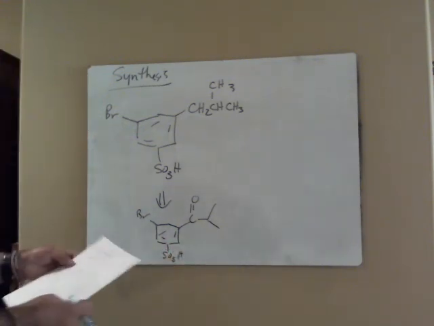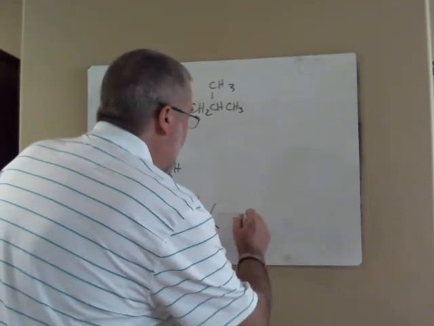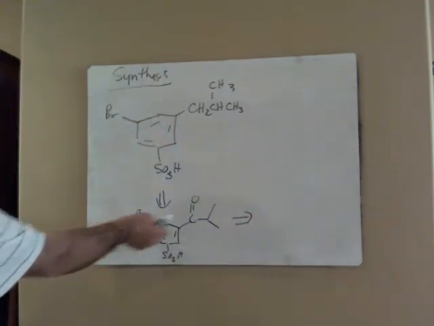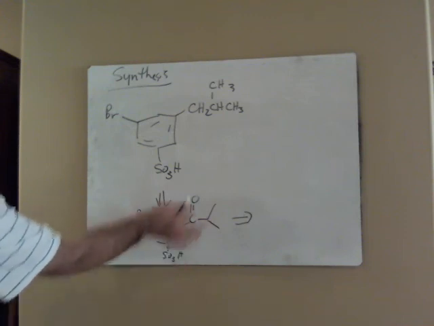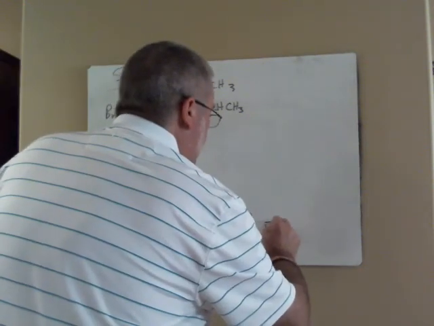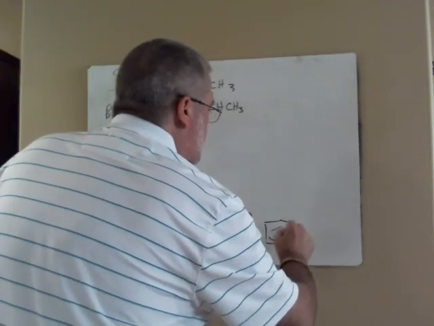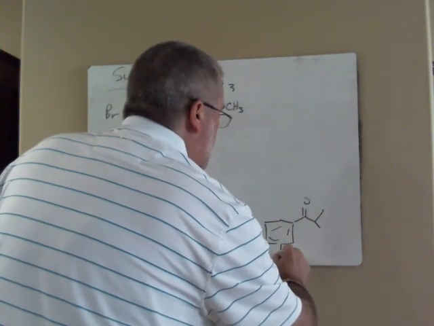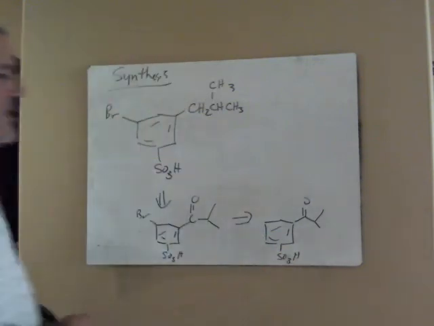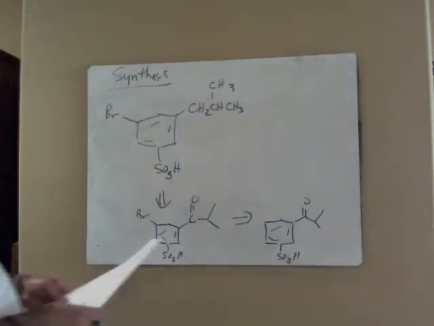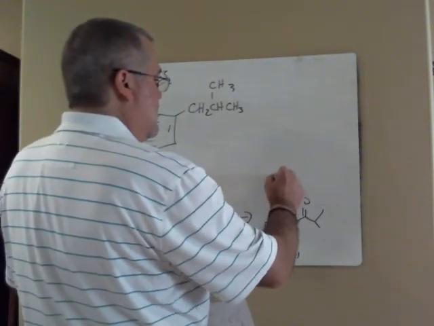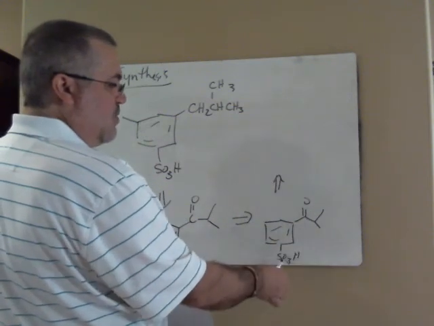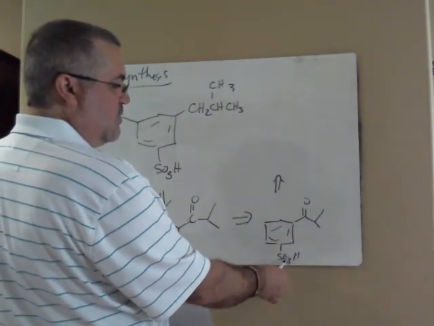Okay, and then when you go back one step from that, it's the bromine that gets directed meta by these two. So the bromine is what comes off. Like that. And then the acyl group would direct meta, and this would direct meta.